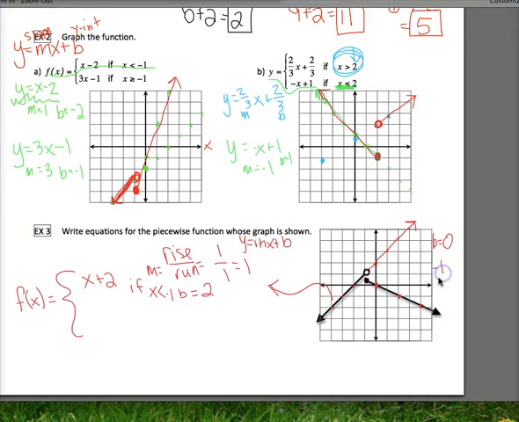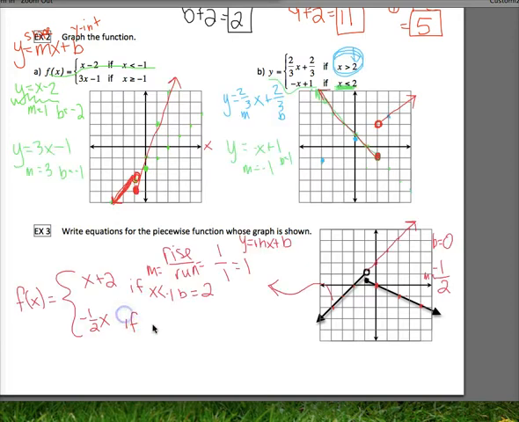So -1 over the run. After I went down 1, I went 1, 2 to the right, which is positive. So my slope m is -1/2. So if I'm doing y equals mx plus b, that means f of x equals mx plus b. Well, we don't write plus 0, we just leave it off.